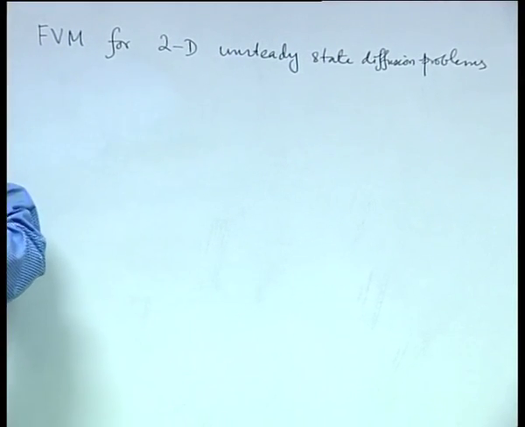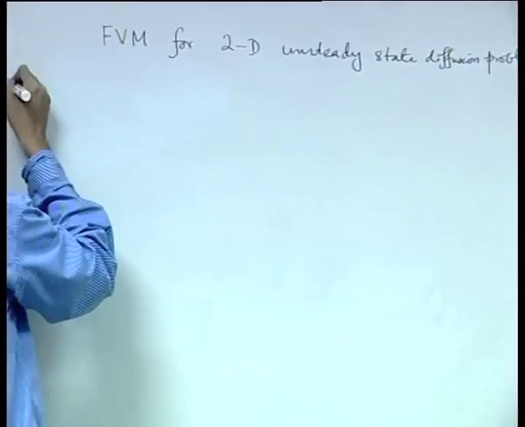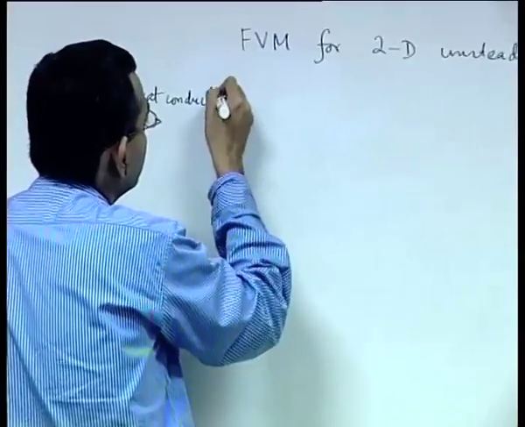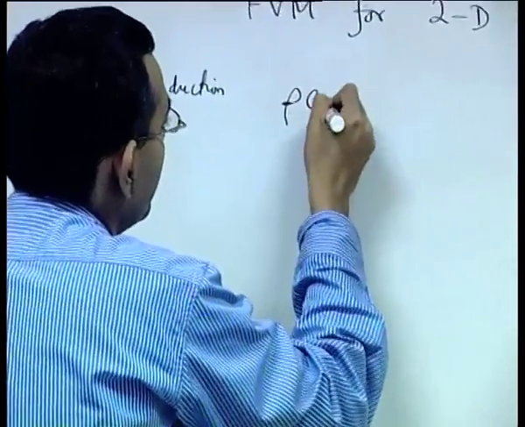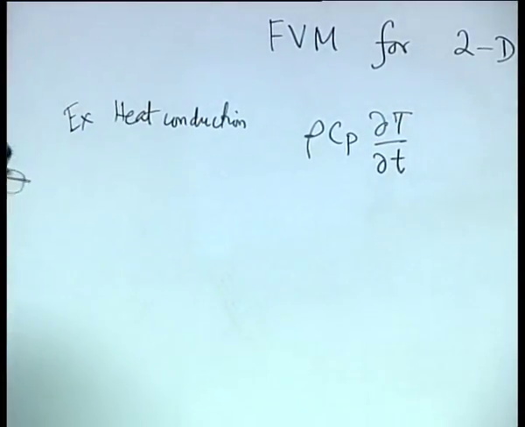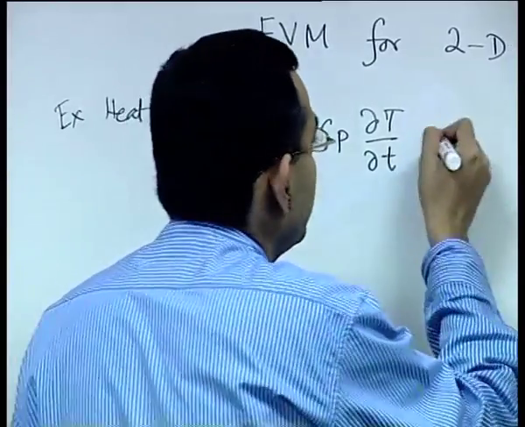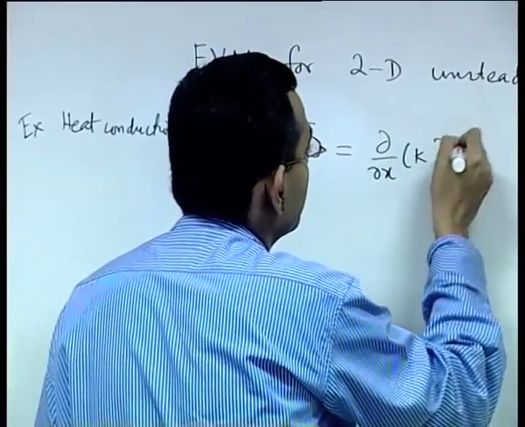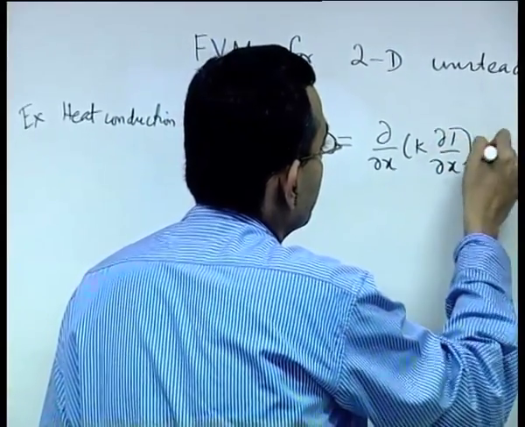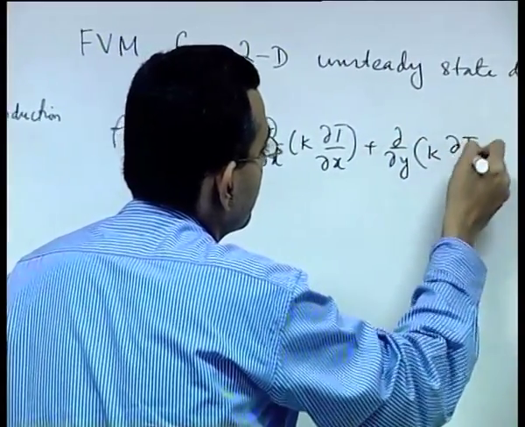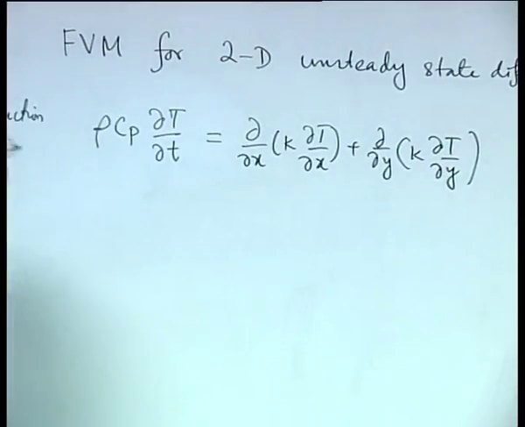Let us take the example of heat conduction. Rho Cp del T is equal to this one.